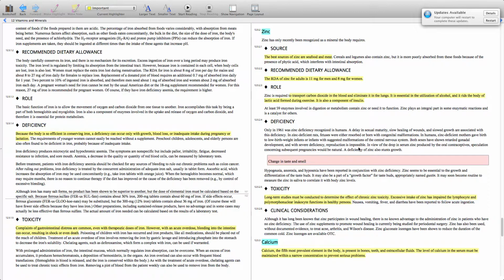Deficiency, conserving iron. A deficiency can occur only with growth, blood loss, or inadequate intake during pregnancy or lactation. Toxicity, complaints of gastrointestinal distress are common even with therapeutic doses of iron. And if you've ever had a child and had the prenatal vitamins, some people can tolerate the ones with iron and some people cannot. And this is usually why, the GI distress.